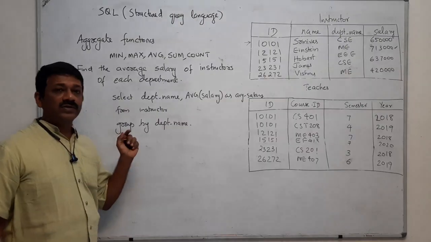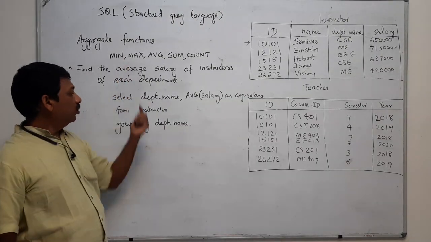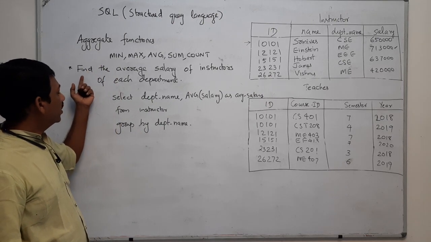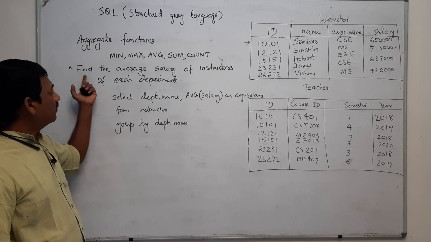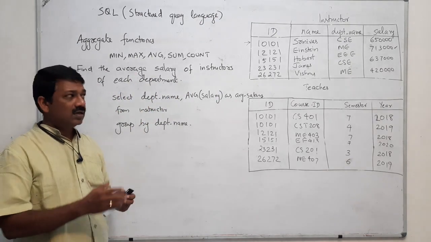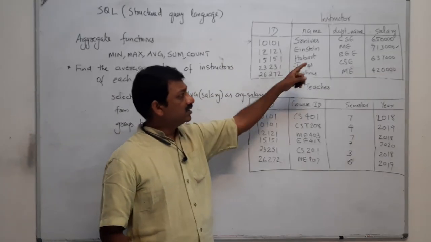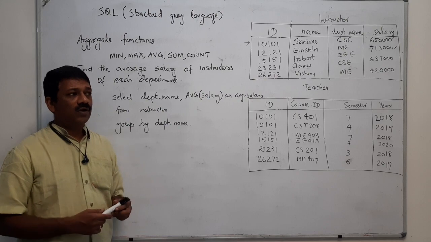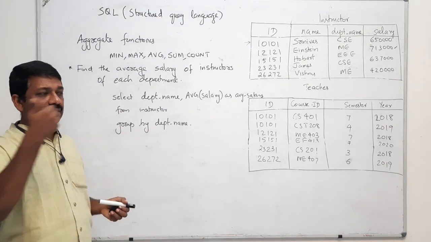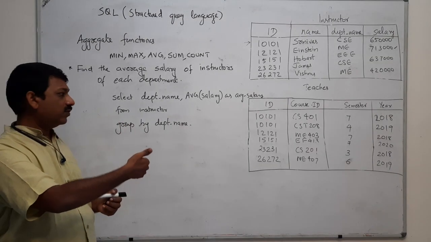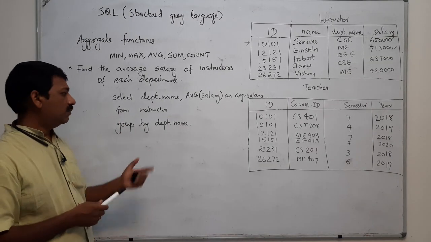Okay, going to discuss the group by clause. For example, suppose you have a question: find the average salary of instructors for each department. Here we have a number of departments: CSE, ME, EEE, and another. If you want the average salary of each department, first of all you have to group by department name.